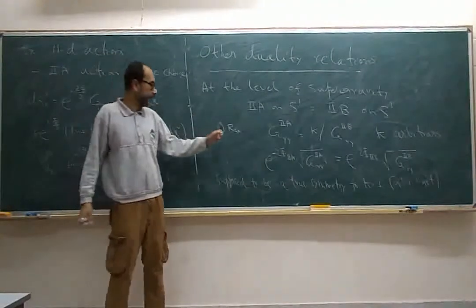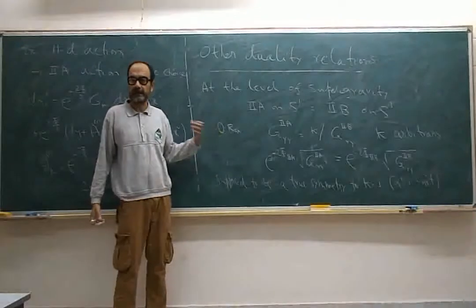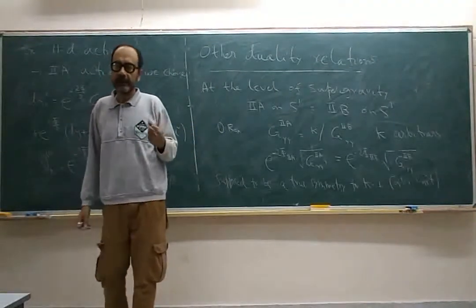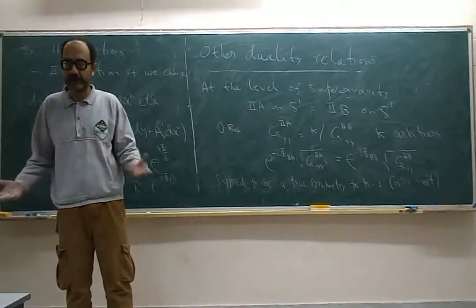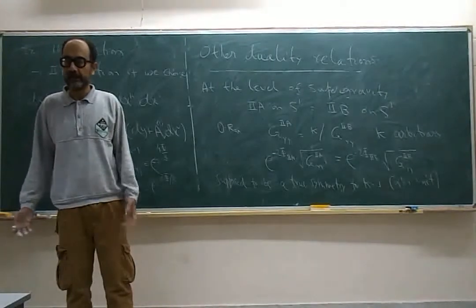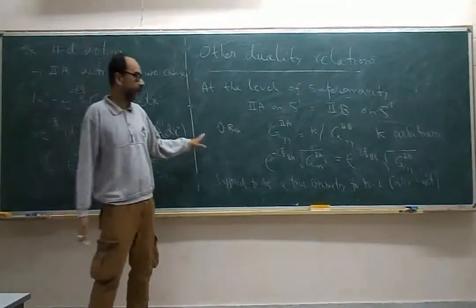Because a string wound along this circle will have the mass proportional to the length of the circle. So they become lighter and lighter, and they start behaving like Kaluza-Klein modes. As far as the spectra and interactions are concerned, they are behaving exactly like that of a Kaluza-Klein mode. And that's the way we actually establish this duality.